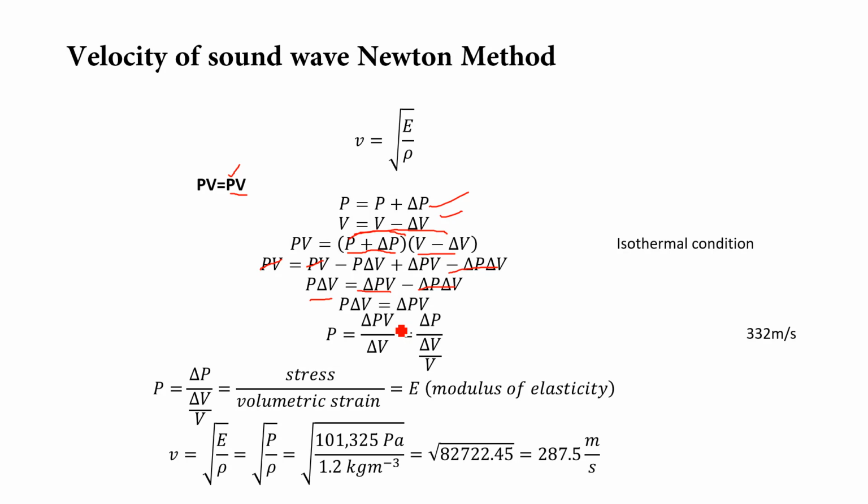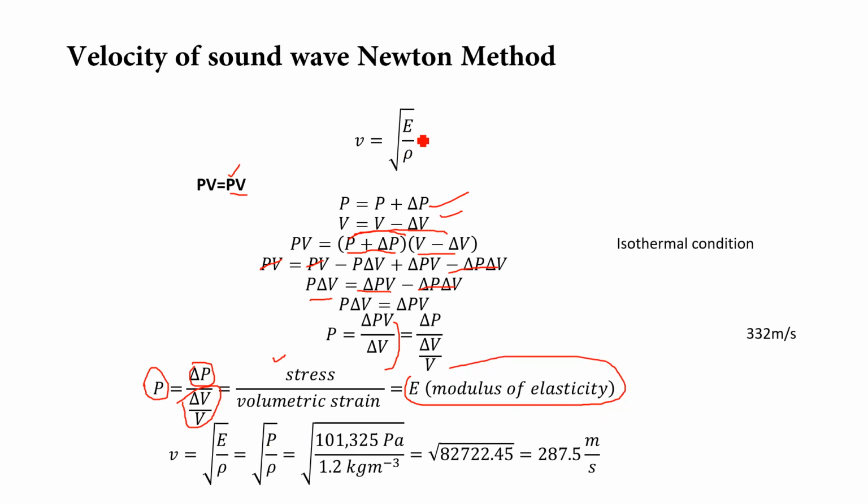And shifting this original volume term to the downside, we will get del P divided by del V divided by V. Here the del P represents the change in the pressure, which is stress, and the del V, change in volume divided by original volume, is the volumetric strain, and this pressure is equal to the modulus of elasticity E.